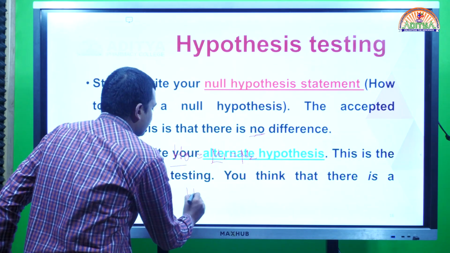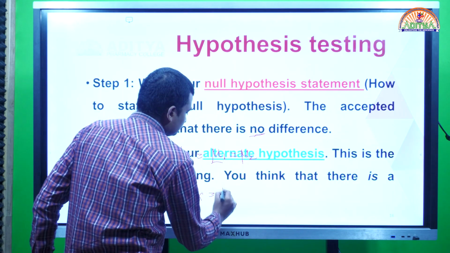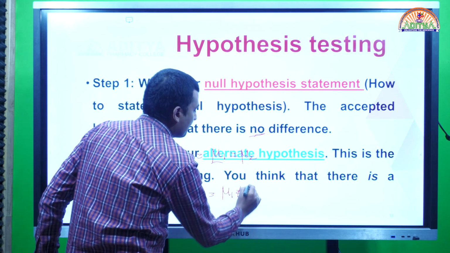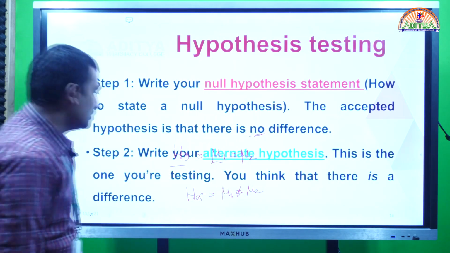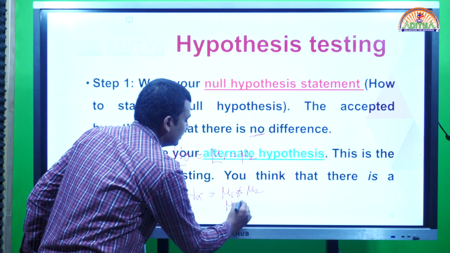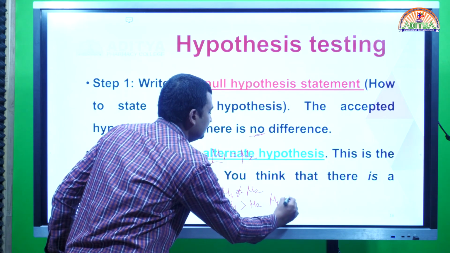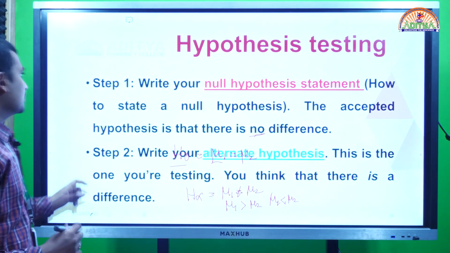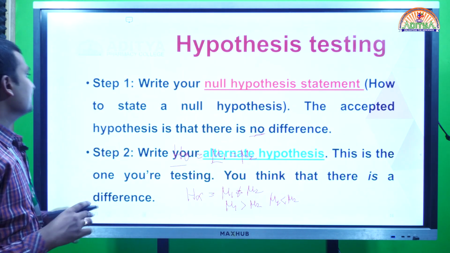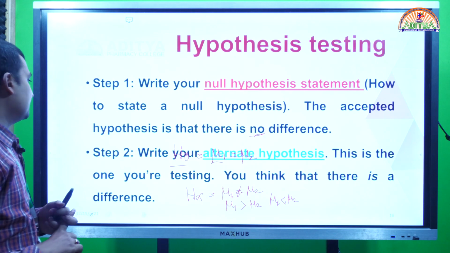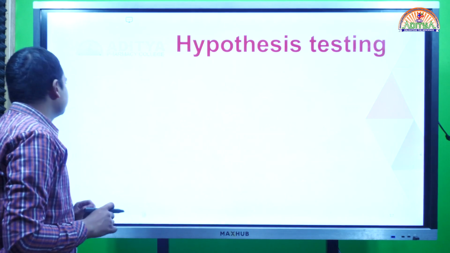It can be represented by H alpha, and it can be denoted by mu1 not equal to mu2, or you can also write mu1 greater than mu2 or mu1 less than mu2. So the first two basic steps in hypothesis testing are: you write the null hypothesis statement, and second, you write the alternate hypothesis.